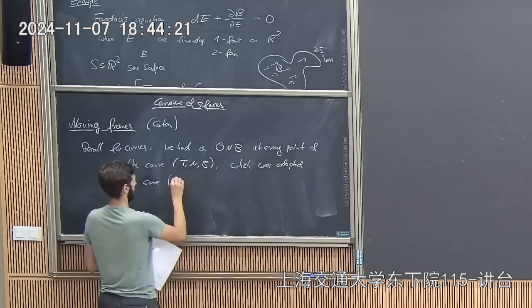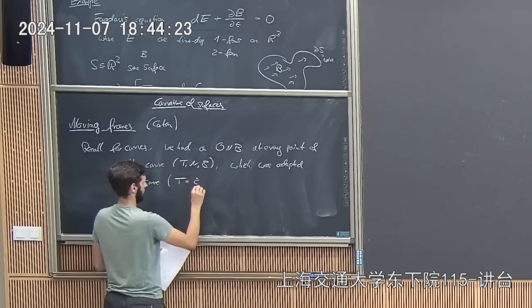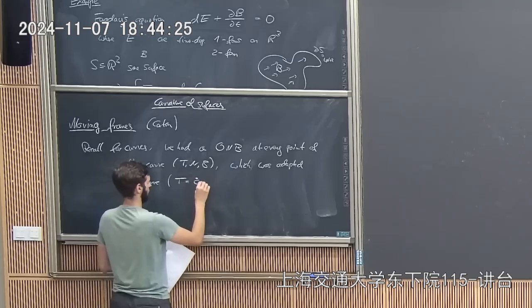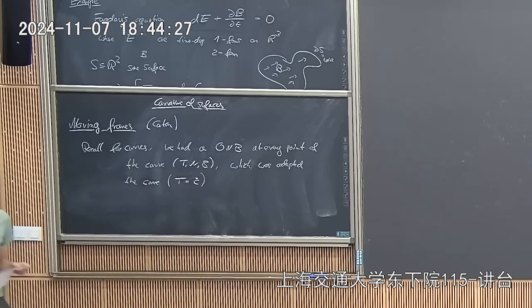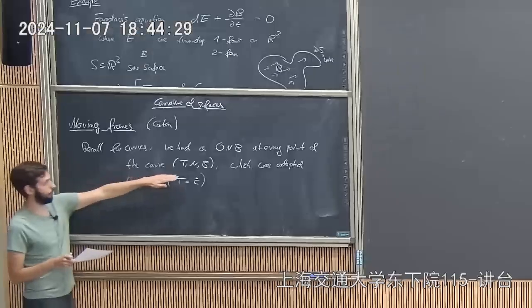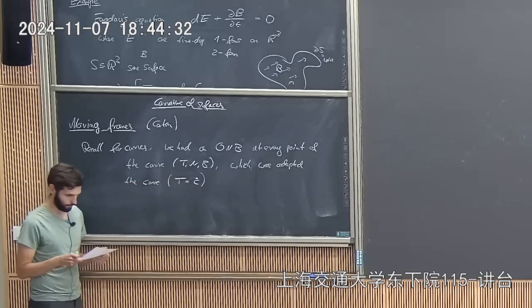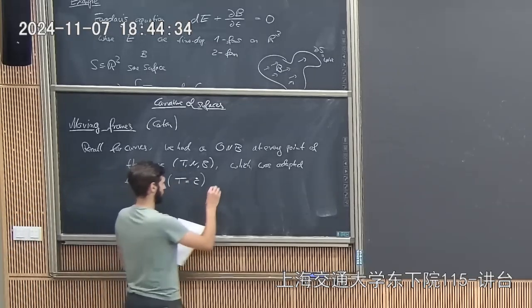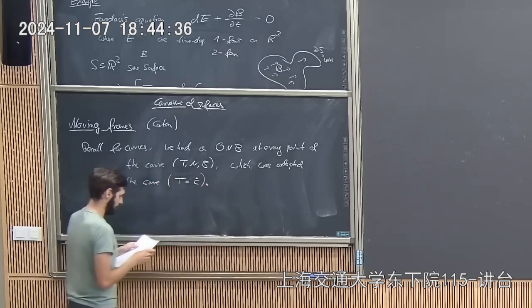Namely, for example, T was nothing else than the velocity of the curve. So that's some connection of these orthonormal bases with respect to the curve. So that's the starting point.